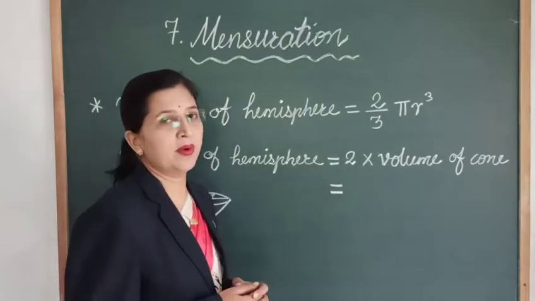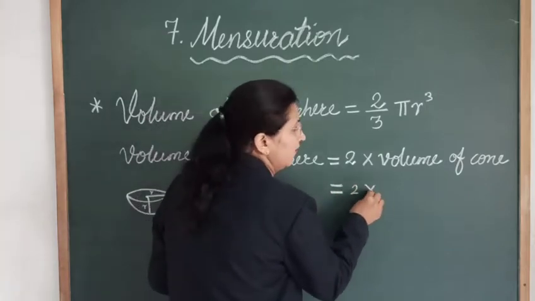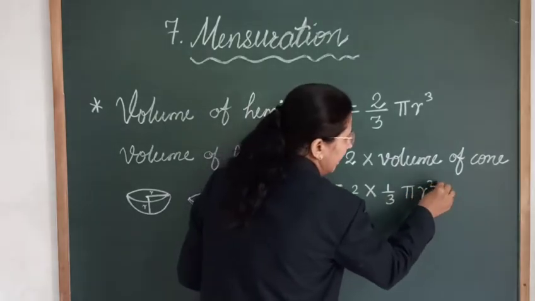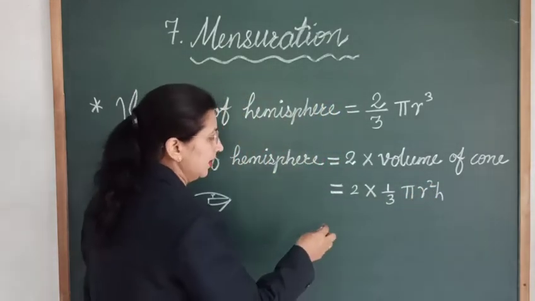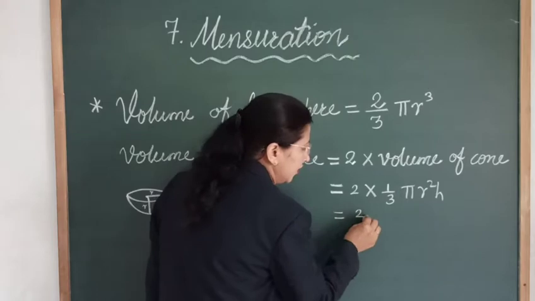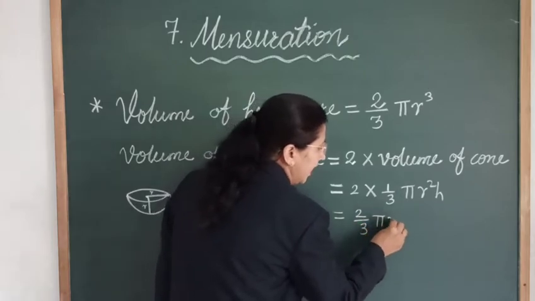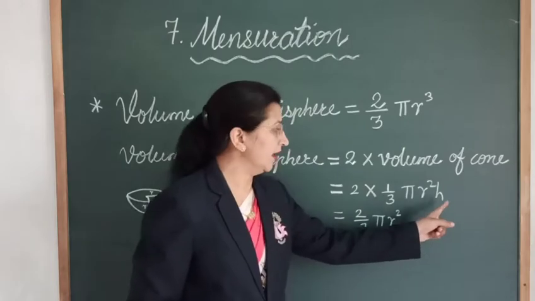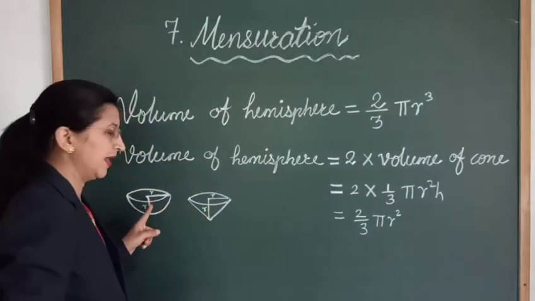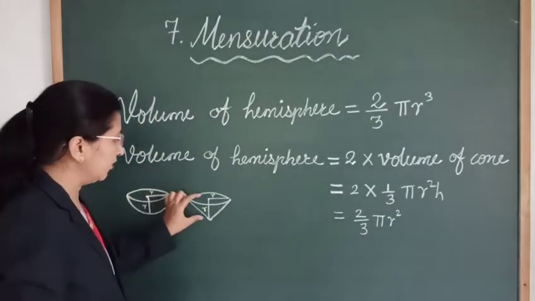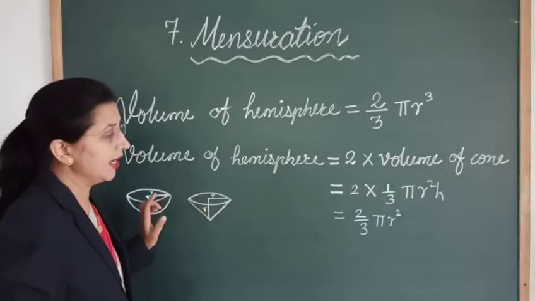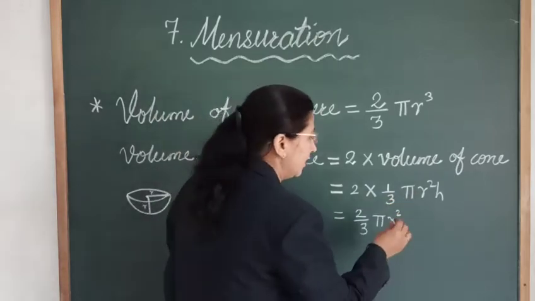As we know, the formula for the volume of a cone is 1 upon 3 pi r square h. So let's make the formula for the volume of the hemisphere. 2 ones are 2, so 2 upon 3 pi r square. But for the hemisphere there is no height. So we replace the height of the cone, which is equal to the radius, by the radius.